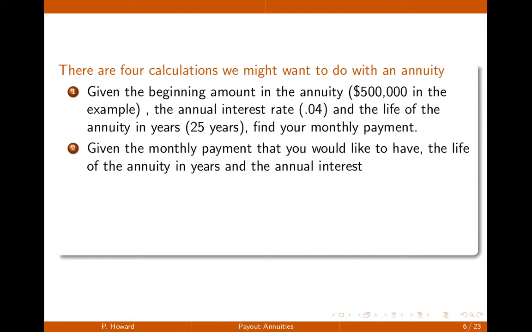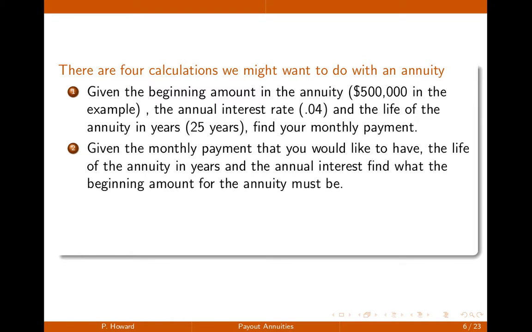Another possibility is, given the monthly payment that you would like to have, given the life of the annuity in years, and given the annual interest rate, find what the beginning amount of the annuity must be. We will see examples of both of these kinds of problems.